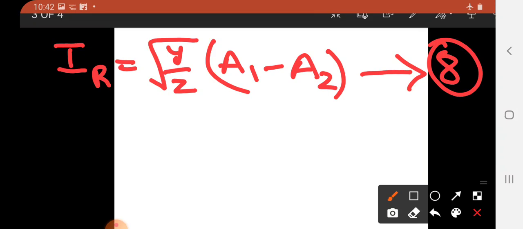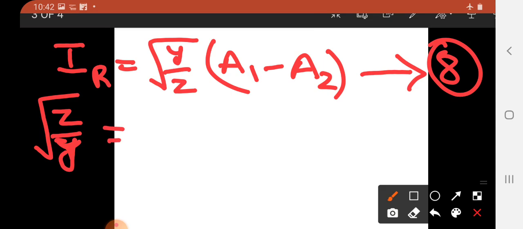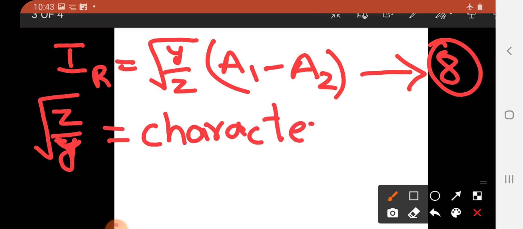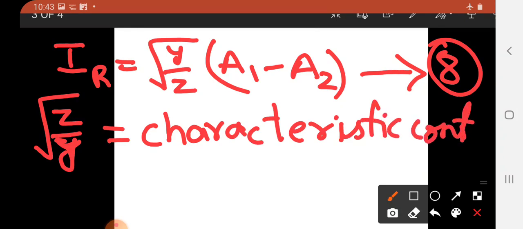For a transmission line, square root of Z by Y is a constant which is called the characteristic constant, given by ZC.